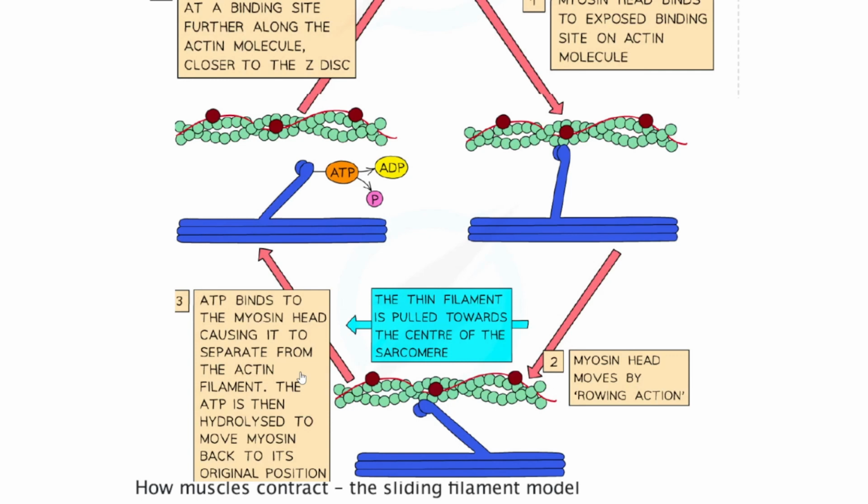So the thin filament moves backwards towards the sarcomere, and in step number three, ATP is going to bind to the myosin head. When ATP binds to the myosin head, it causes the myosin head to detach from the thin filament.